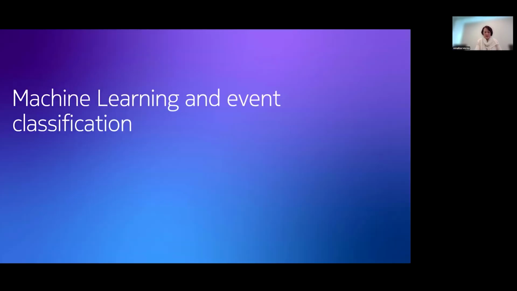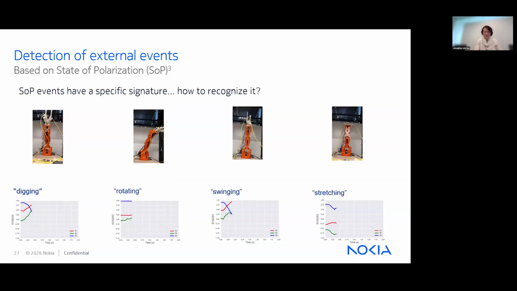And then once we have detected that an event exists, it would be nice also to recognize that event, to understand the type of prevention action that the customer has to take for saving its traffic.